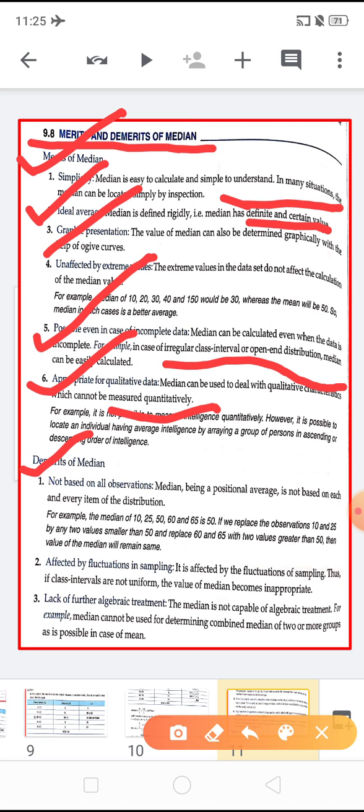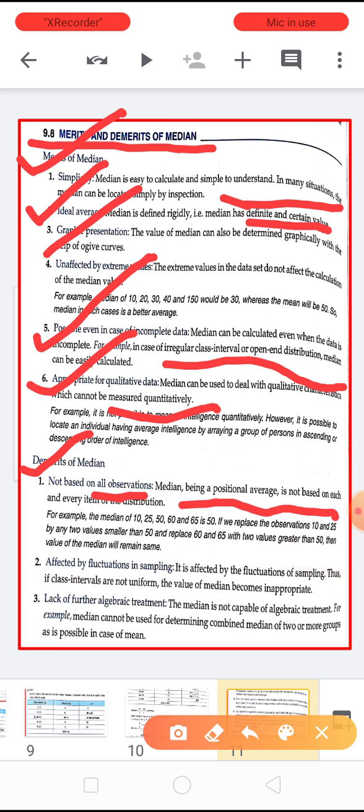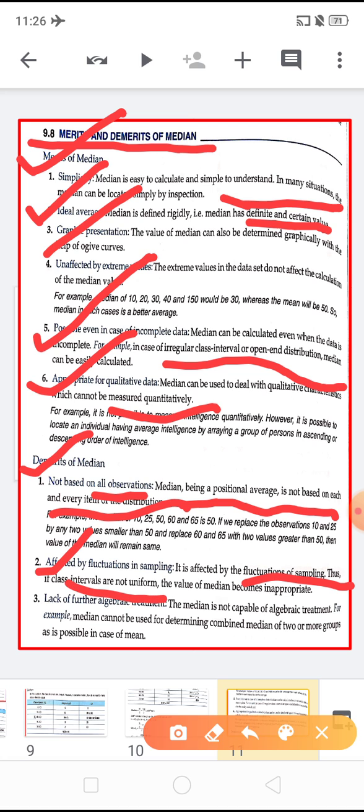Now we will see the demerits of median. Our first demerit is that it is not based on all observations. The median, being a positional average, is not based on each and every item of the distribution. Second, the median is affected by fluctuations of sampling. Thus, if the class intervals are not uniform, then the value of the median becomes inappropriate.